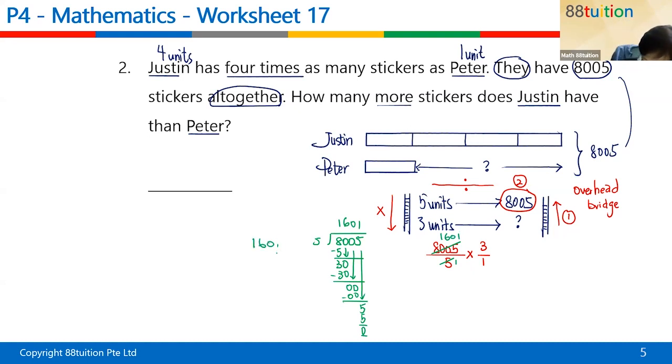So 1601 multiplied by 3, you will get 4803. Remember to write in 4803.